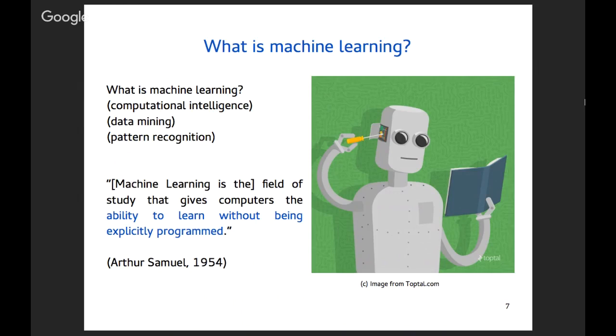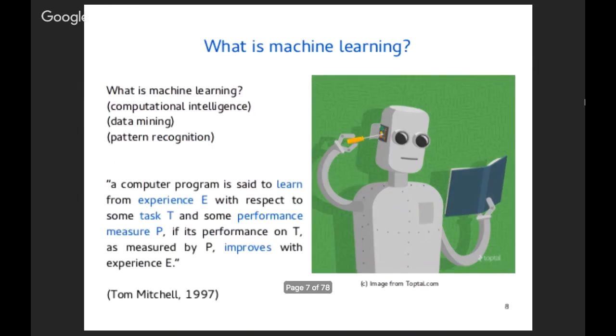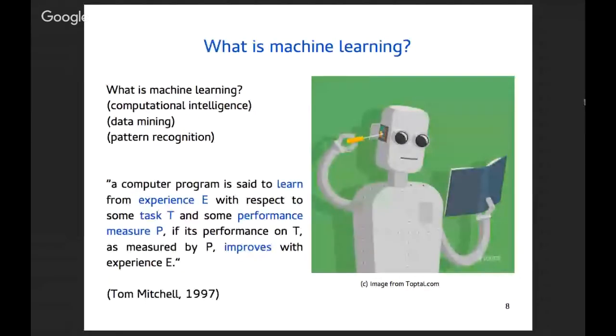Another definition, a little more formal, from Tom Mitchell from the 90s, is: a computer program is said to learn from experience E with respect to some task T and some performance measure P, if its performance on T as measured by P improves with experience E. And this is another very brief but very concise and complete definition of machine learning.